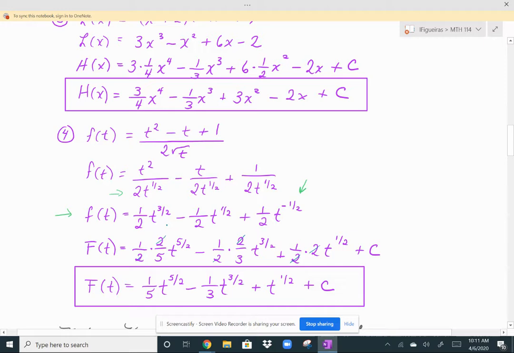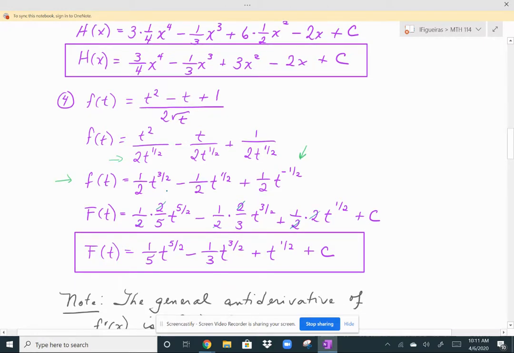All right, then we're ready to move on to taking the antiderivative, which is right here. So you add 1 to the exponent and then multiply by the reciprocal. So the first one becomes 1/2 times 2/5 t to the 5/2. And then the second one becomes 1/2 times 2/3 times t to the 3/2.